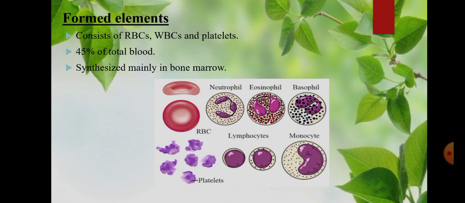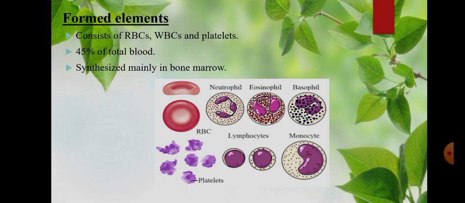Okay. Next, we are going to learn about formed elements. These formed elements nearly constitute 45 percent of the total blood, and they are of three types. Which are they? RBCs, WBCs, and platelets.